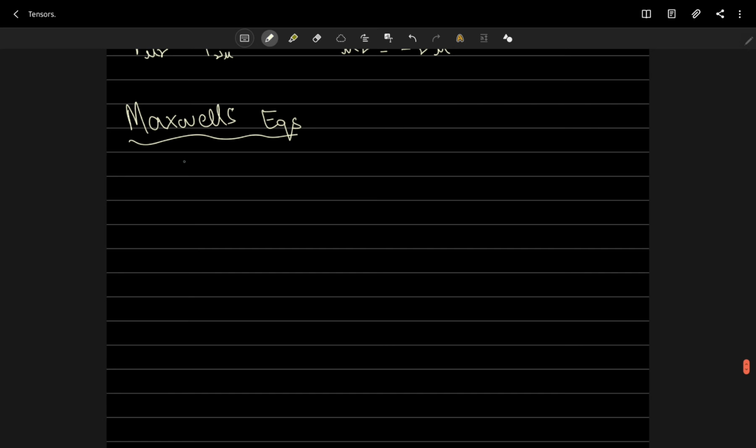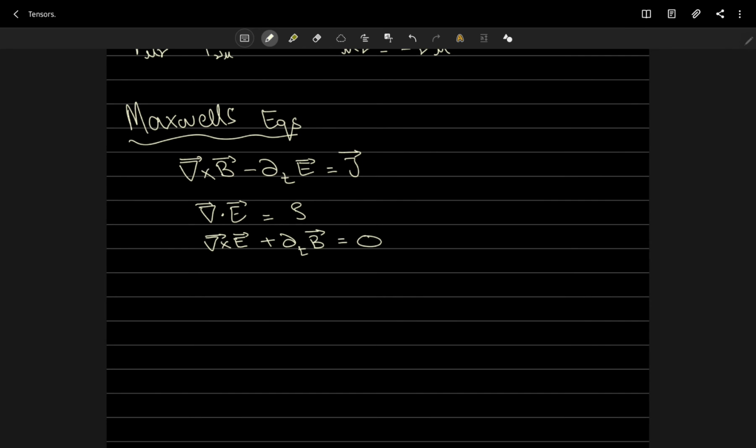Well, we have del cross B minus the partial time derivative of the electric field E is equal to the current density J, and you have del dot E, the divergence of E, is equal to rho. We have del cross E, the curl of E, plus the time derivative of the magnetic field, which is equal to 0. And we have del dot B, which is equal to 0.